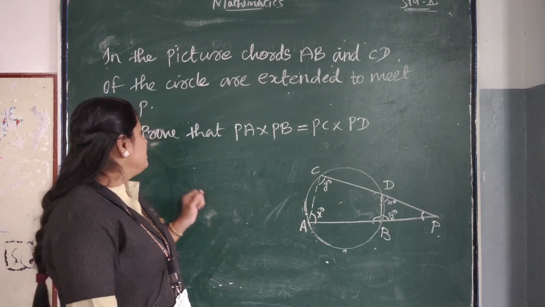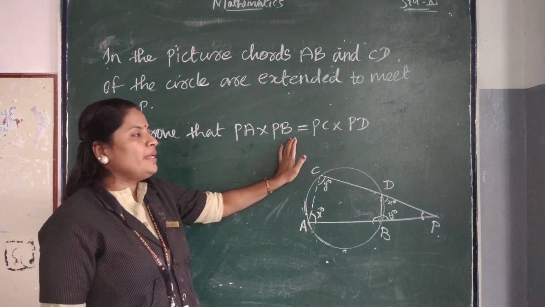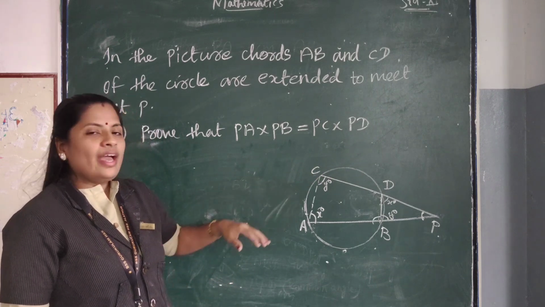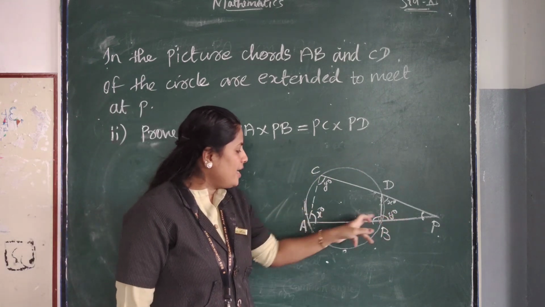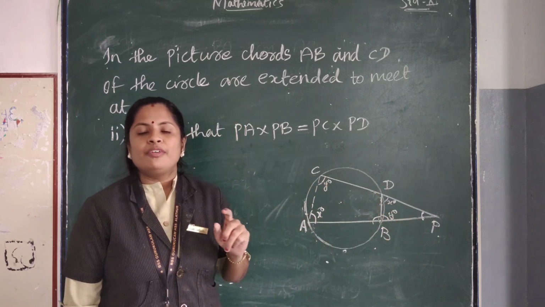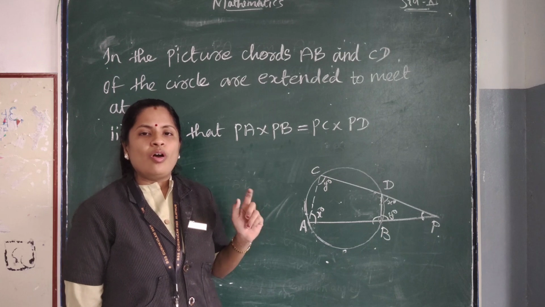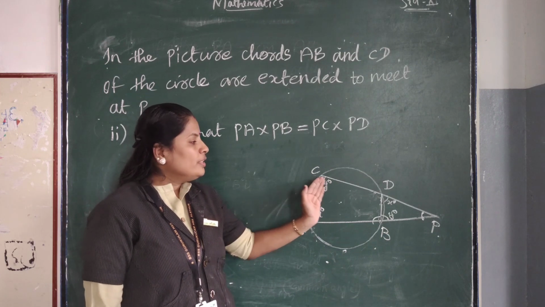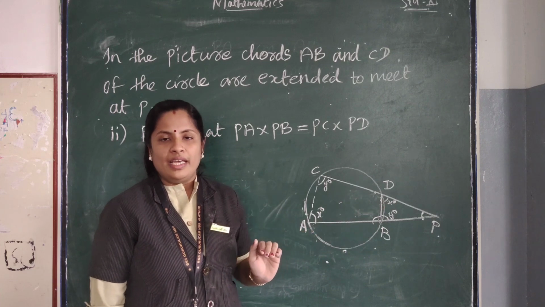Next sub-question. Prove that PA into PB equal to PC into PD. Okay. So now we have two triangles, triangle PAC and triangle PBD. From the first sub-question, we got all the angles of these triangles are equal. So these two triangles are similar.